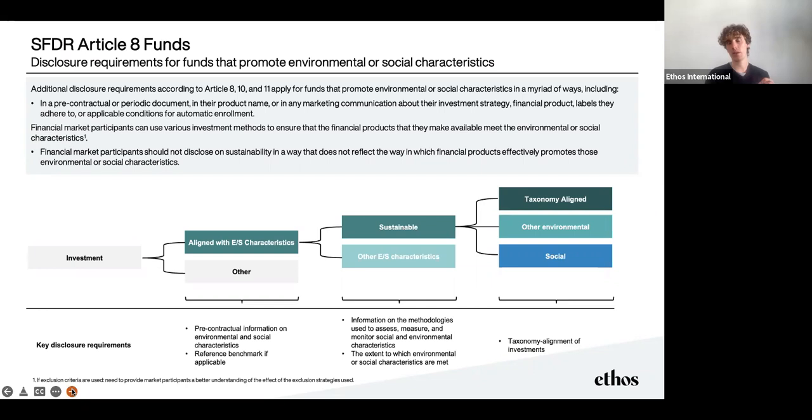So the hoops that you have to jump through in order to classify an investment as a sustainable investment are much higher today than they were only a year ago.